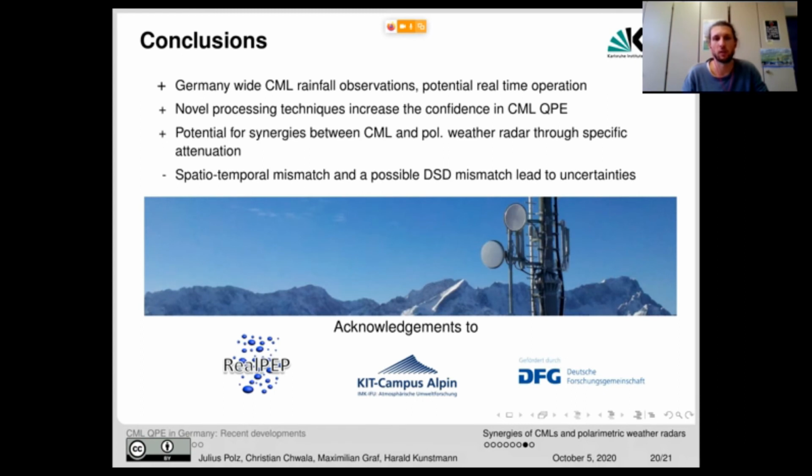The downside is that this spatiotemporal mismatch is a challenge whenever you have to compare things instantaneously. Normally you would like to integrate in time or in space, and then problems get less. But if you like specific attenuation or differential phase, you can only compare instantaneously, and then it's not as easy anymore.